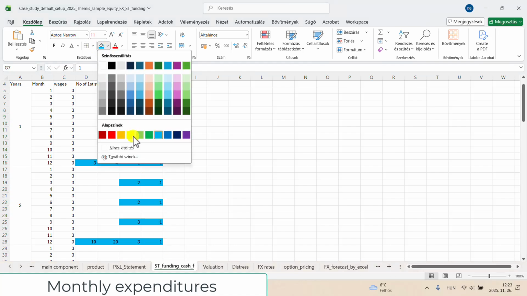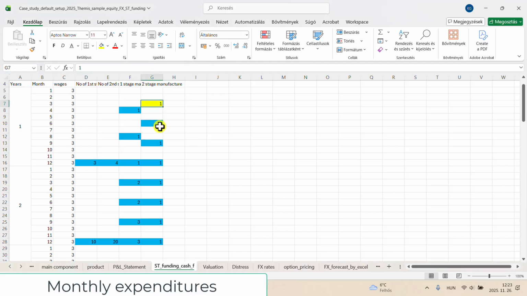Maybe I should use a different color for that one, so you will be yellow. Then, again, for the second stage, we need 4 times, so at least this can be divided.